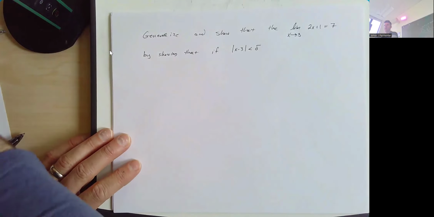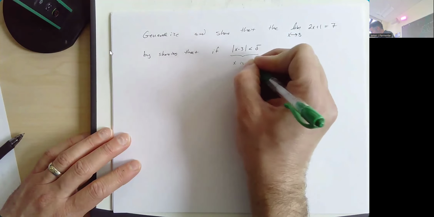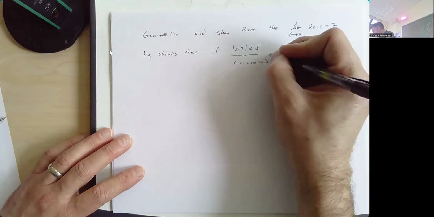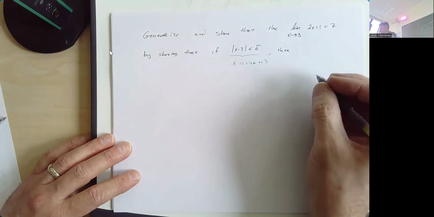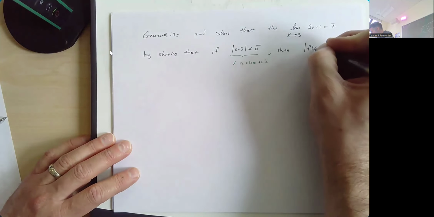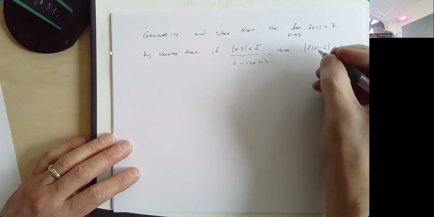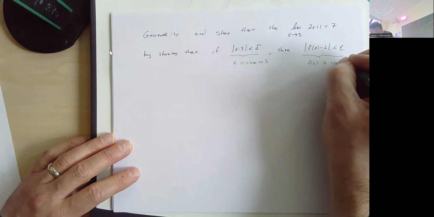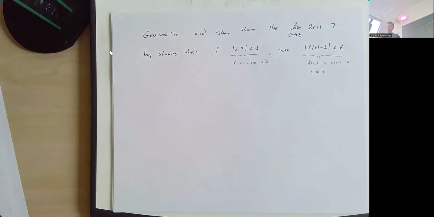If x is really close to 3, then f of x is close to the limit 7. Sorry, I should have written 7 there, not L, but I made a mistake.